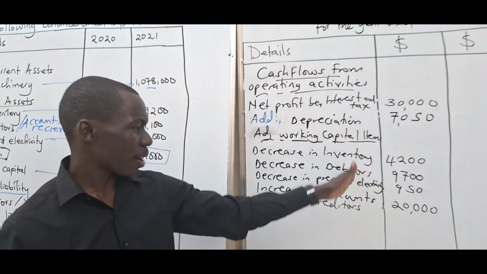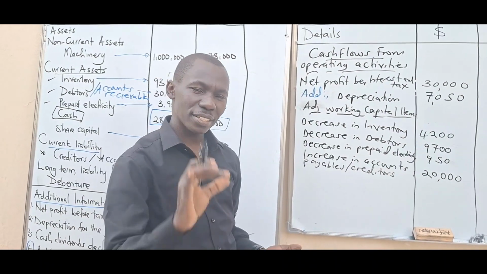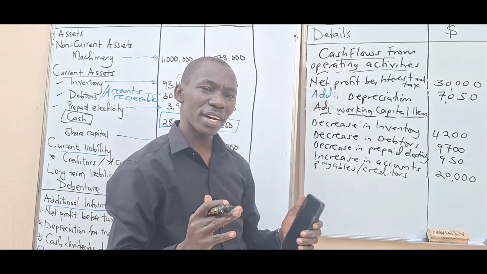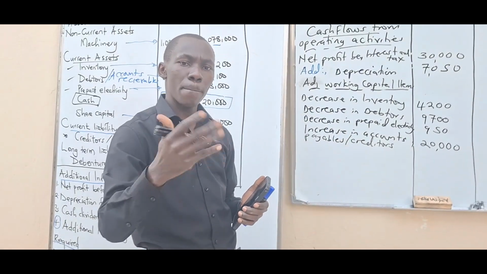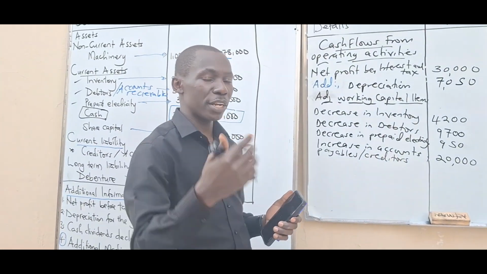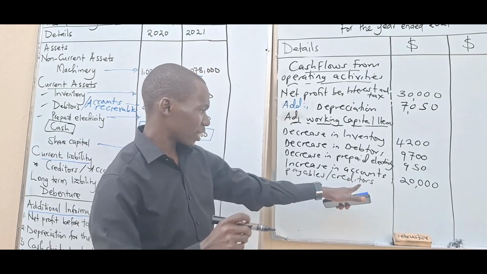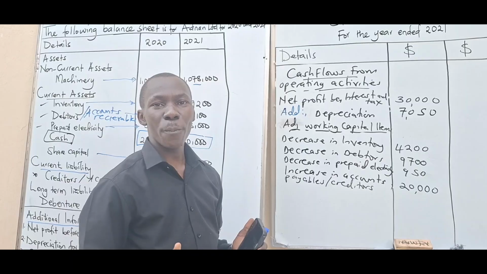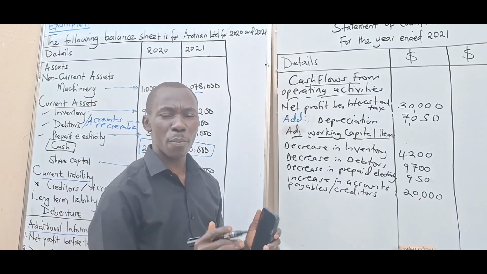Don't forget, this is current asset, this is current liability. For current asset, the moment it is increasing, just know that is a cash outflow. We increase it by spending money to acquire that asset. But when a liability is increasing, like in this case, it increased by 20,000, it means you are delaying to pay the suppliers, people who are demanding money from your business.